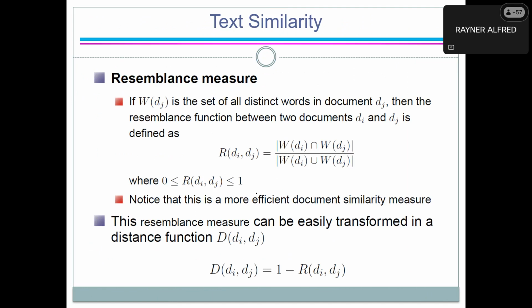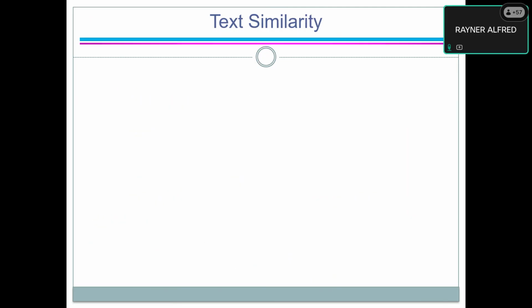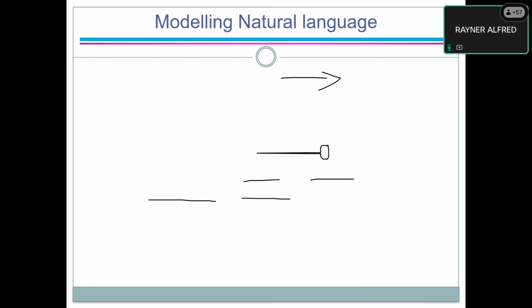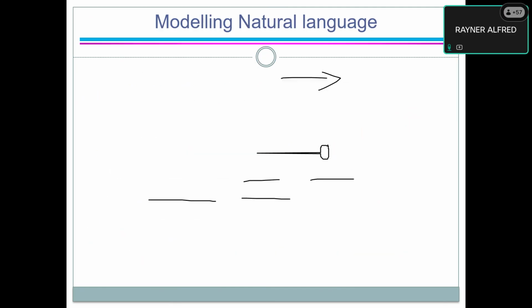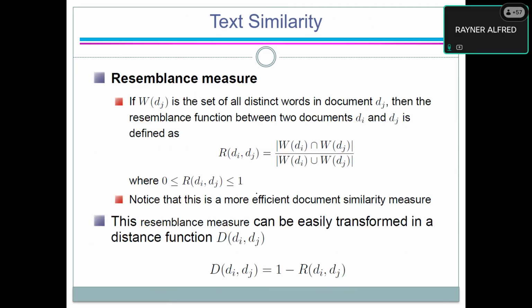In trying to find the similarity between documents, we can use the resemblance measure. This is how we compare the similarity between documents. The previous one was about comparing the similarity between two texts only. Now we go into documents.